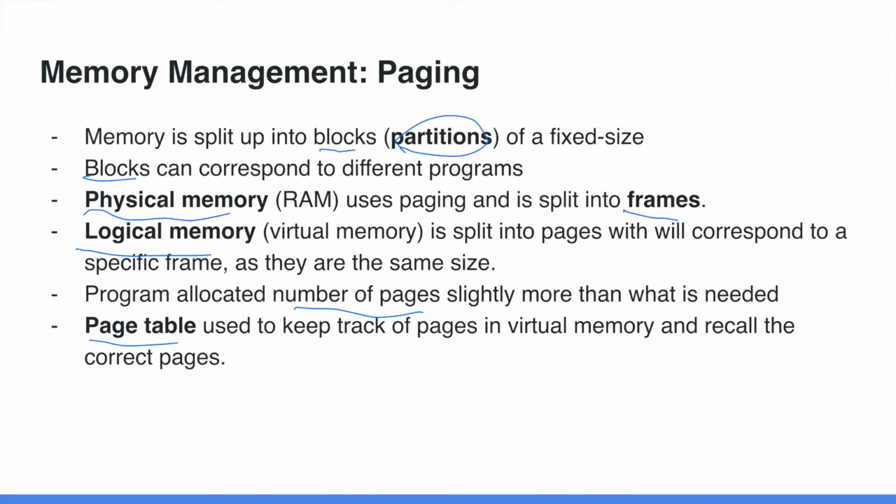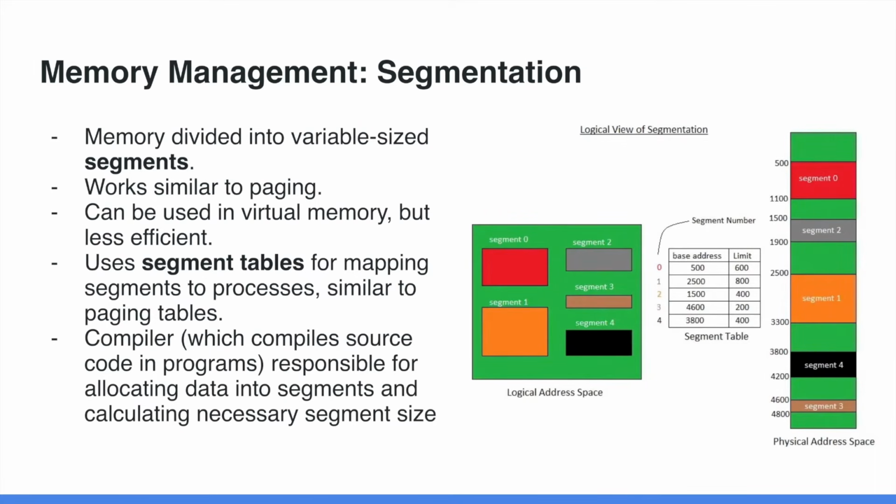Now, one way of managing memory in our physical memory and our virtual memory was paging. Another method that we could use is called segmentation. Segmentation works similarly to paging, logistically, but the difference is that we have variable size segments. That means that every block is not going to be the same size, but they'll all be different sizes, depending usually on what type of data is being stored in the program.